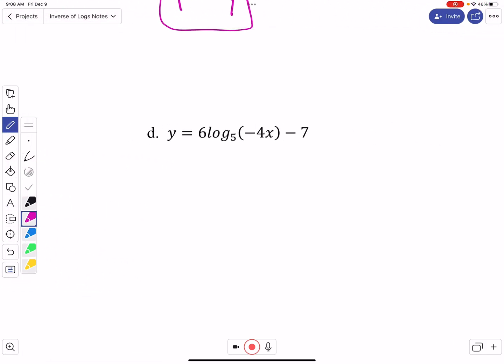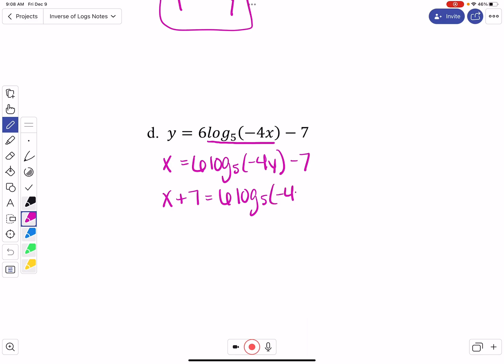And on our last one here, remember we need to isolate this part right here. The negative 4x is in parentheses, so it stays with the log. So let me go ahead and change my x's and y's. First thing I'm going to do is add the 7. And then I want to divide by this 6.